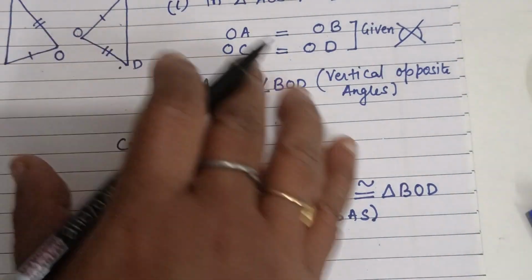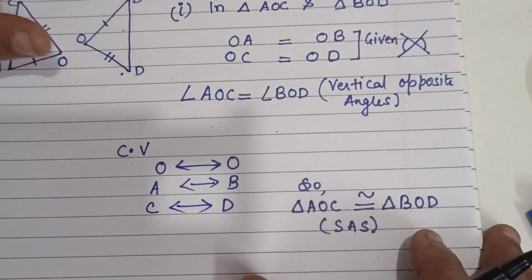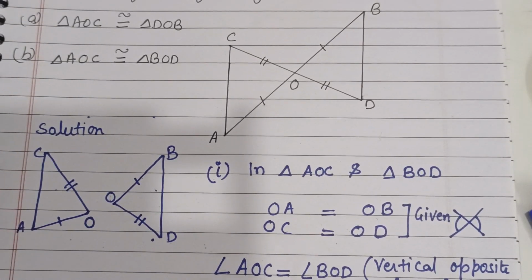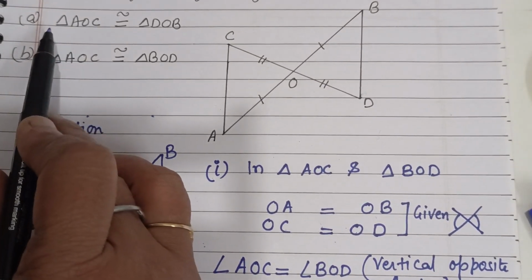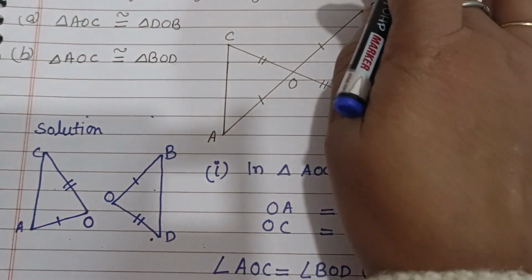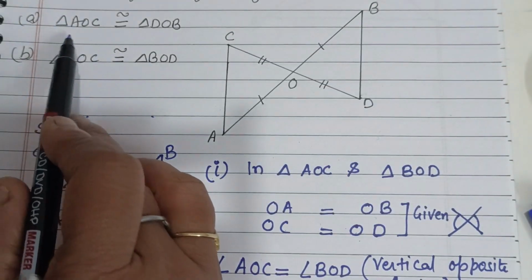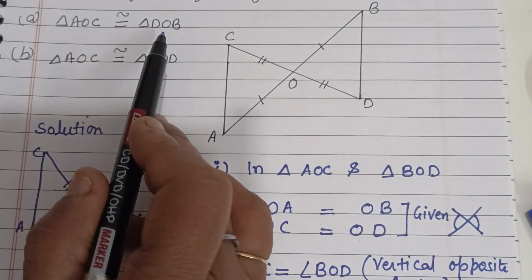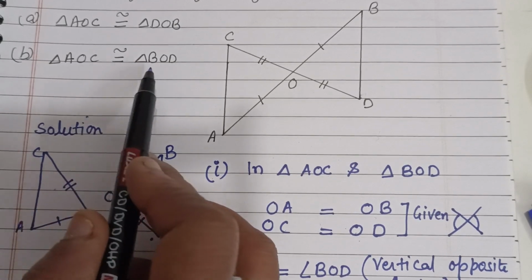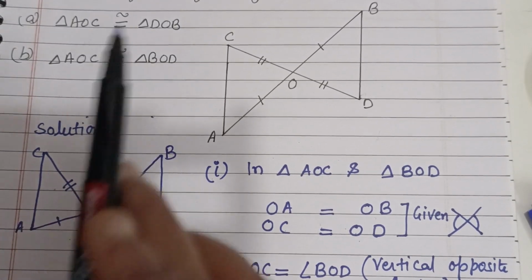Now in the second part of the question, they have asked which of the following statements are true: triangle AOC congruent to triangle DOB, or triangle AOC congruent to triangle BOD.